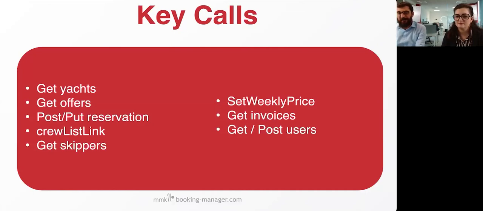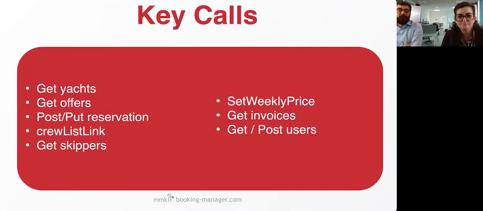The difference is that an agent, when using our API, can call all the resources that are in the database. A charter, when he calls our API, can call just his own resources. So, long story short, agents have access to the whole database. A charter has access to his own boats.